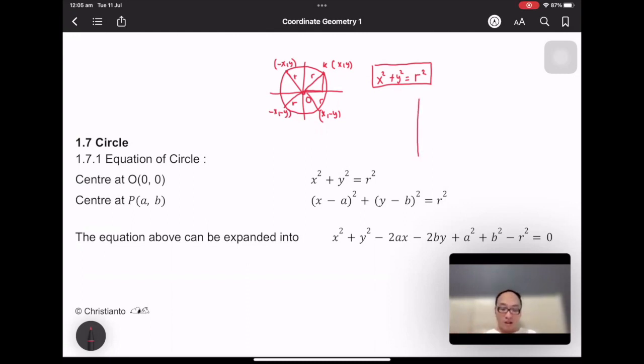Now, how if the coordinate is not at the origin? It's at coordinate A, comma B. So the same thing, this is R, and this is the coordinate x, comma y. So now we are using the Pythagorean theorem as well.